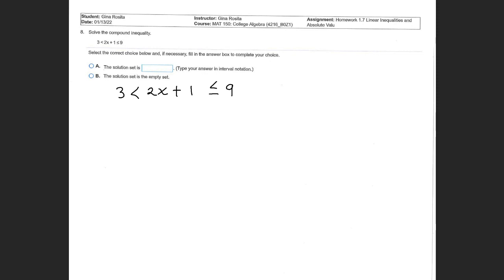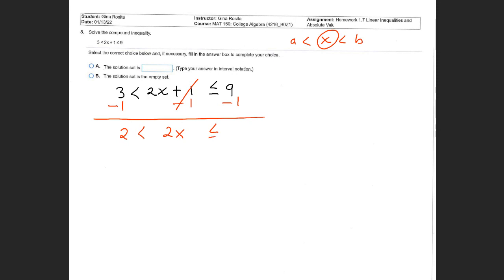So for this one, we subtract 1 from all parts. 3 minus 1 is 2 less than 2x, the 1 is cancelled, less than or equal to 9 minus 1, which is 8.